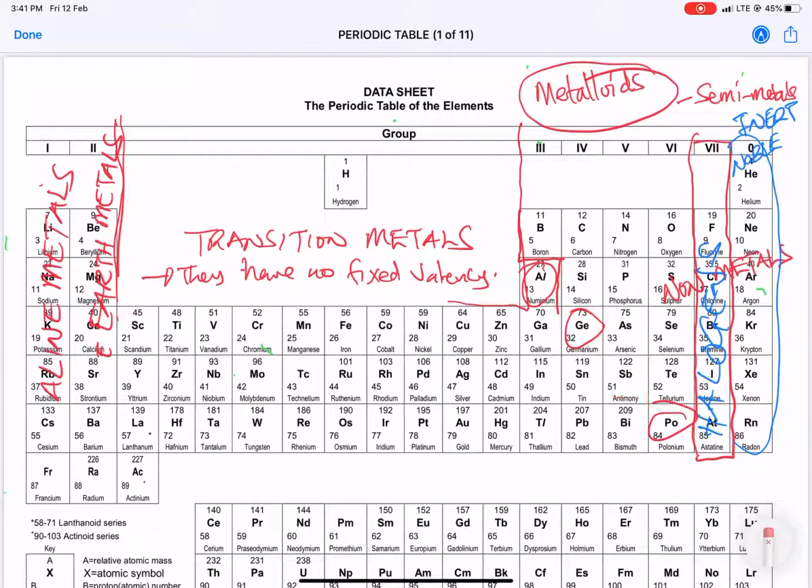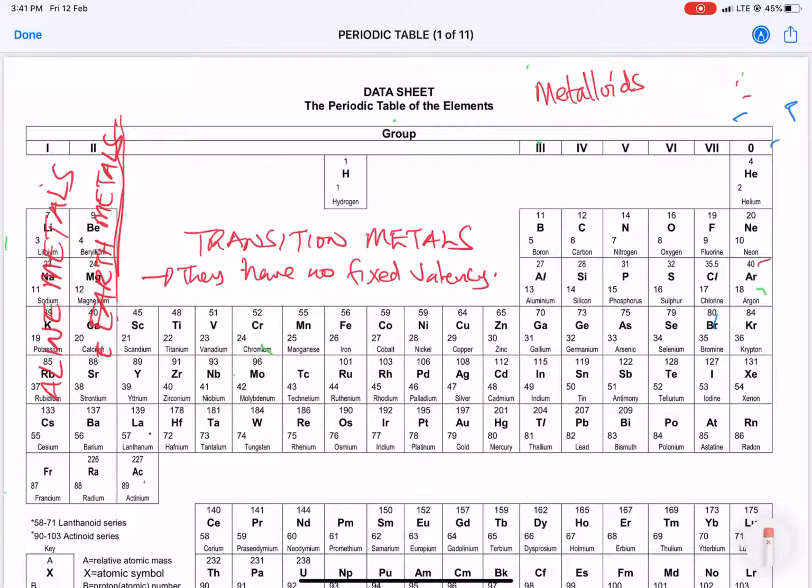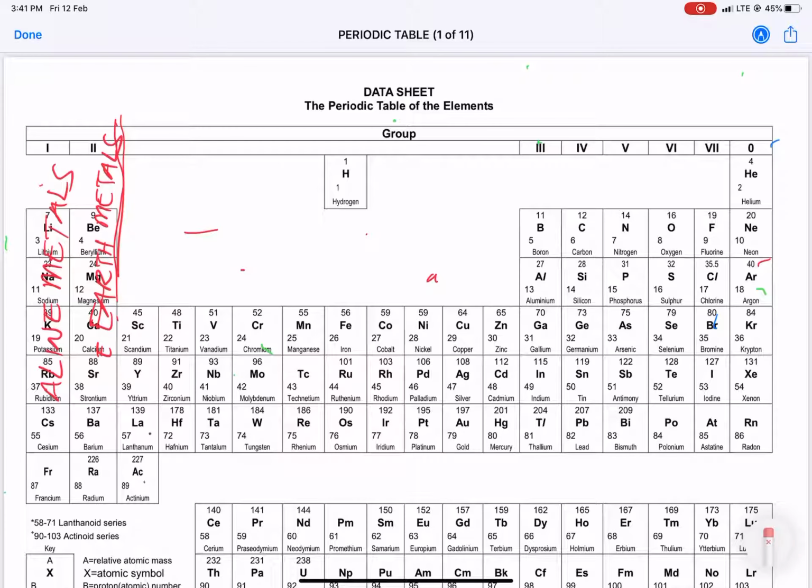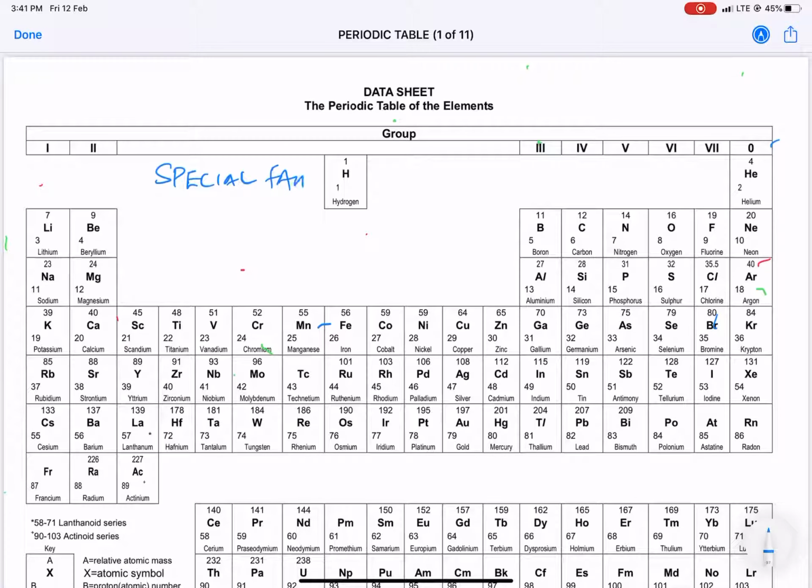Okay, so are you able to remember the special families of the periodic table? We have group 1, and we said group 1 are alkali or alkaline metals.